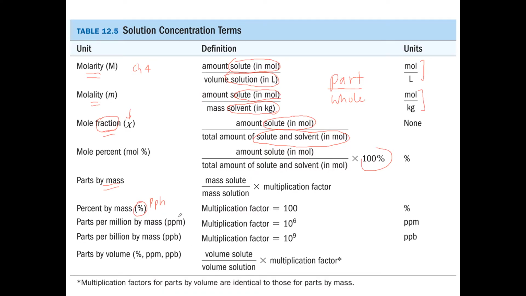And then we have parts per million, parts per billion. Occasionally, if you're looking at some really super toxic substance which is in the public water source, you might see parts per trillion. Okay, and then we also have parts per volume, which can be ppm, ppb as well. All right, so it's the multiplication factors.